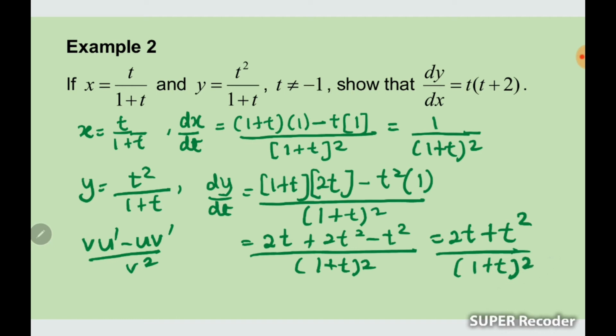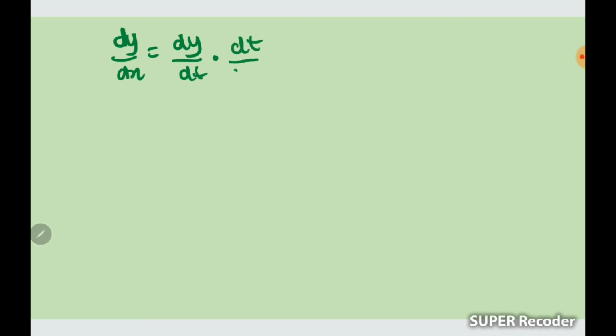Okay, so we will substitute dx/dt and dy/dt into the formula by using the chain rule. dy/dx is equal to dy/dt multiplied with dt/dx. So what is dy/dt? dy/dt is given as 2t plus t squared over (1 plus t) squared.